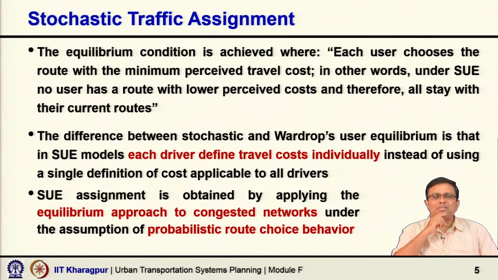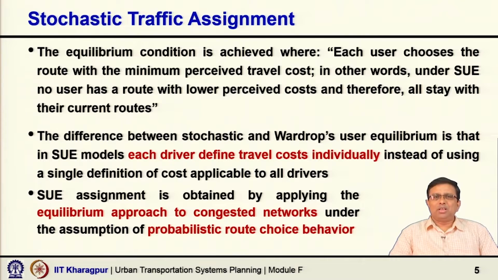In other words, under stochastic user equilibrium, a slight deviation from the deterministic user equilibrium, carefully note this: no user has a route with lower perceived cost, and therefore, all stay with their current routes.